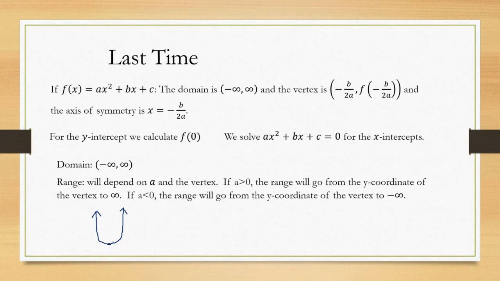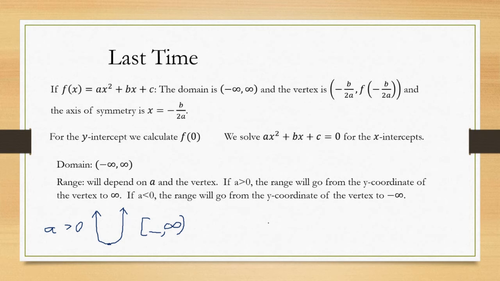So the range will be from the y-coordinate of the vertex up to infinity. Let's see if I can draw it. That's the y-coordinate of the vertex. Bear with me. It's going to look something like this. And again, this is if a is positive.